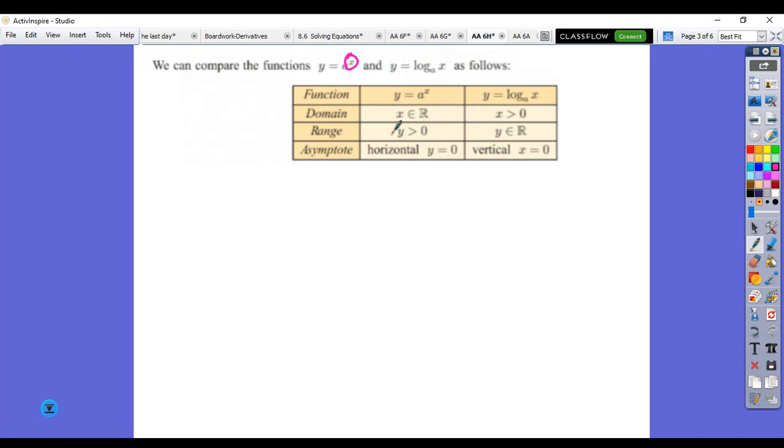So where the range has to be positive and the domain is all real numbers, they switch with its inverse. Now the domain has to be positive and the range is all real numbers. Where the asymptote for your exponential is horizontal, in general y equals 0 unless it's moved up or down. And all logarithmic functions start out with x equals 0, a vertical asymptote, unless it's shifted.